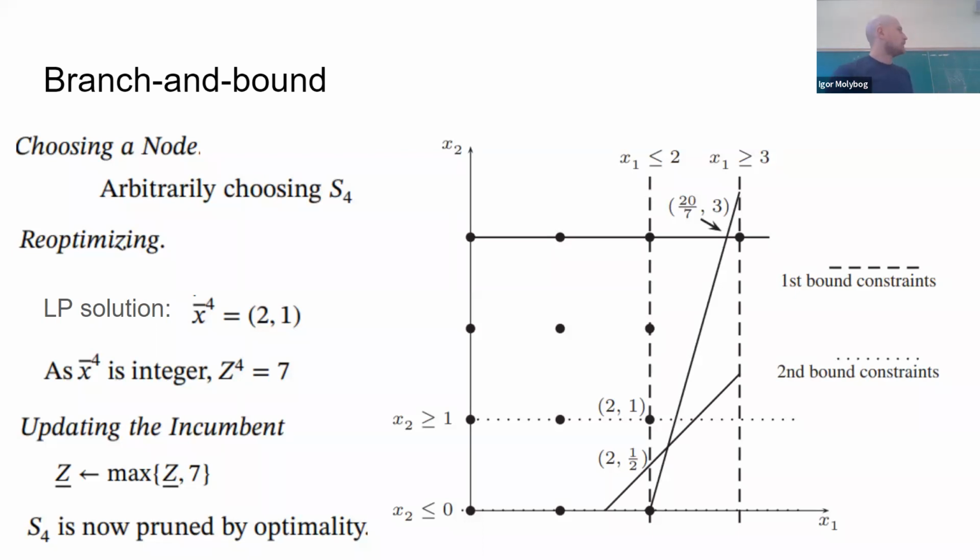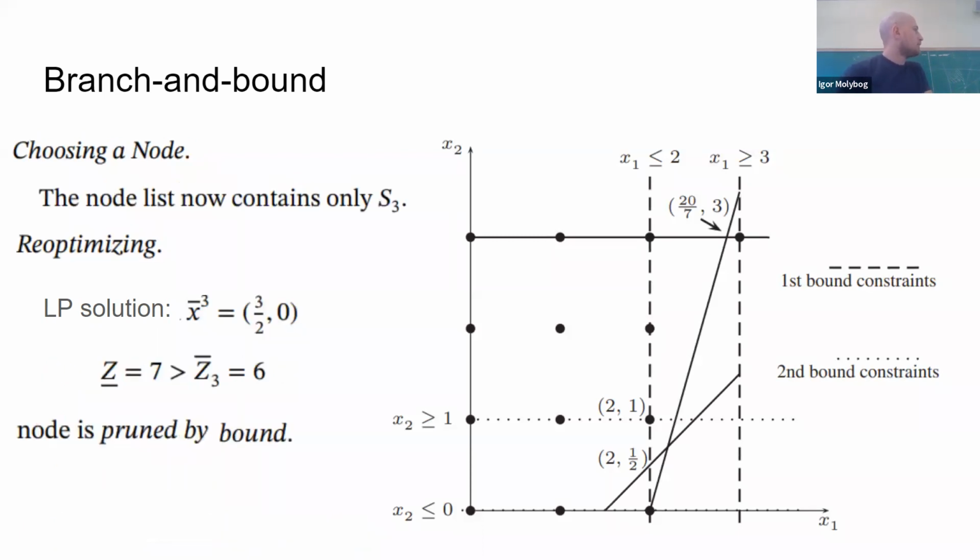We need to note it. So we update our best lower bound known so far to the maximum between z lower bar and 7, which is 7, because z lower bar is minus infinity. And now S4 is pruned by optimality.